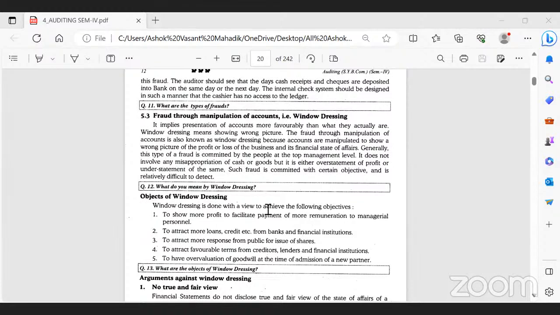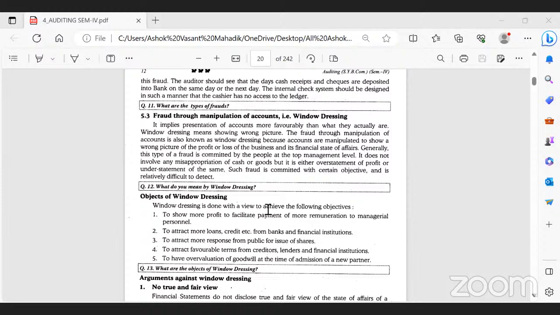Say, for example, an increase in the value of assets, showing bogus purchase of assets, and showing lesser liabilities. Although liabilities are there in the company, they are reducing them by showing bogus payments to the parties. This is done to get easy loans from the bankers.